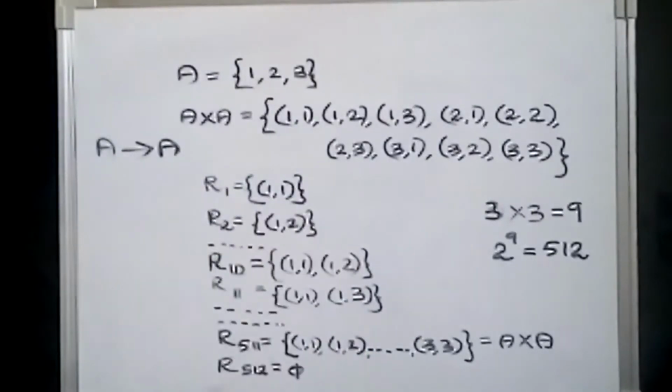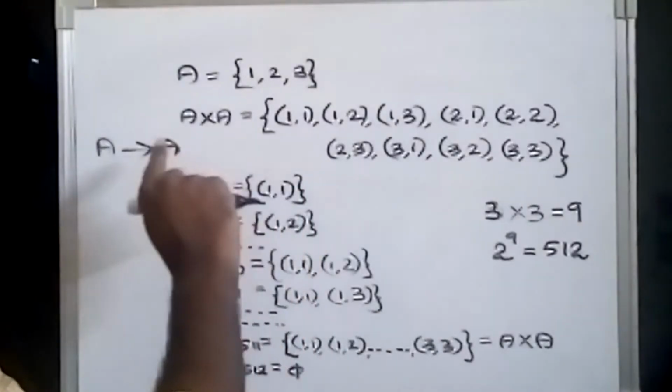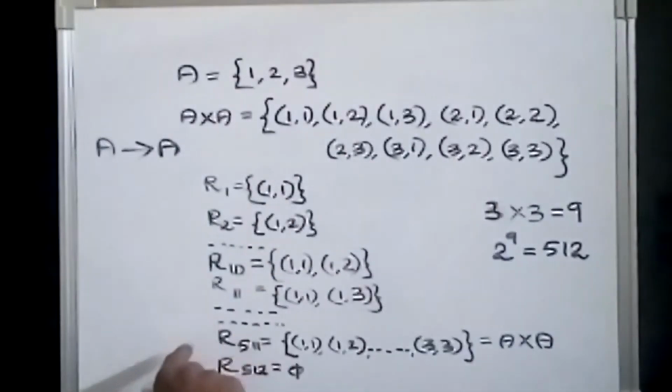And at last R511 equal to set {(1,1), (1,2), etc., (3,3)}. It is the set A cross A itself. And there is also another relation, R512 equal to phi, the null set.